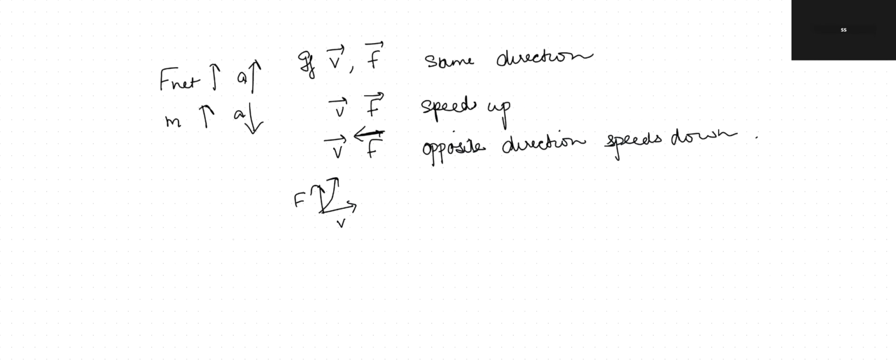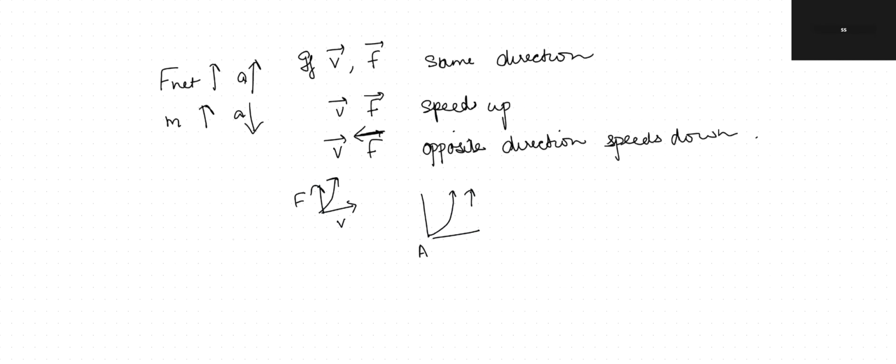Okay. And it keeps on moving like this. Okay. And when the velocity and force come in the same direction, then it starts speeding up. So at A point, it's neither speeding up nor slowing down.